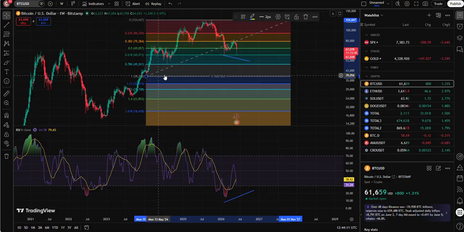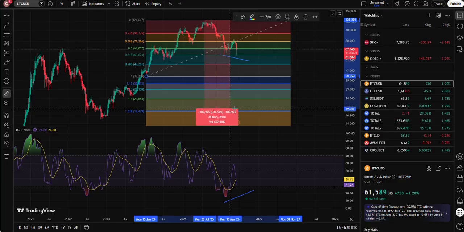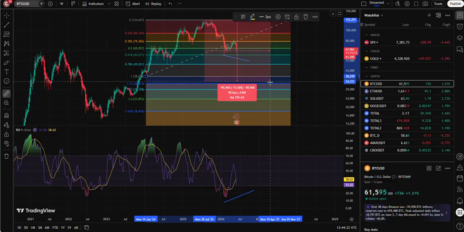You can have 45,000, and here is already too low. There is no case of Bitcoin in any cycle going so brutally in a down direction. So here is 85, this is not possible. So we had 70, 60, 70.